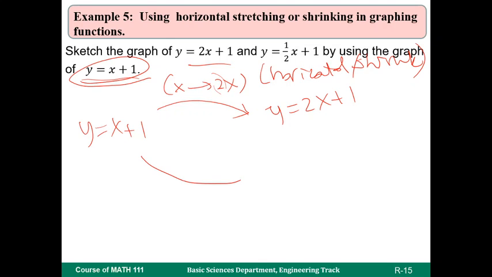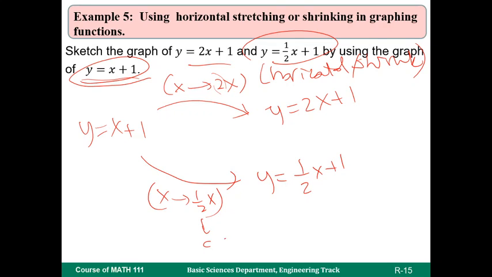Now, when x is changed to 1 over 2x, we get the graph of 1 over 2x plus 1. This c is less than 1 and bigger than 0, so it will make a horizontal stretching.